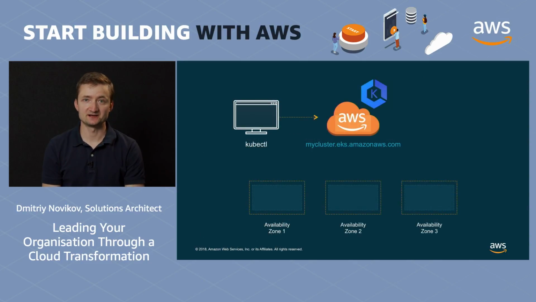Now, with EKS, the complexity of standing up your own Kubernetes control plane is simplified. Instead of running the Kubernetes control plane in your account, you connect to a managed Kubernetes endpoint in AWS Cloud. The endpoint abstracts the complexity of the Kubernetes control plane. Your worker nodes can check into a cluster, and you can interact with your Kubernetes cluster through the tooling you already know and love.